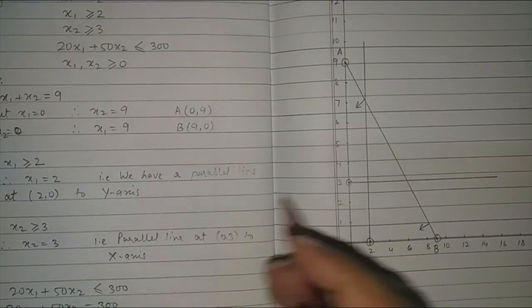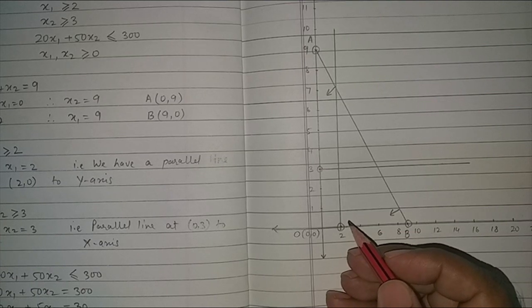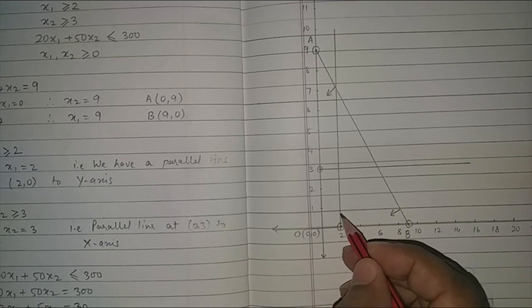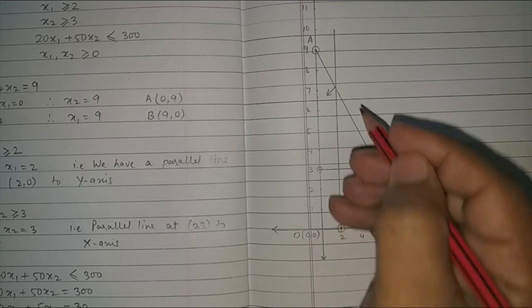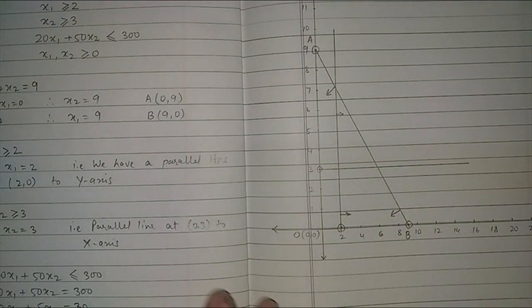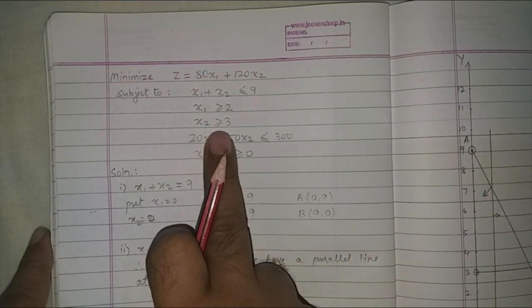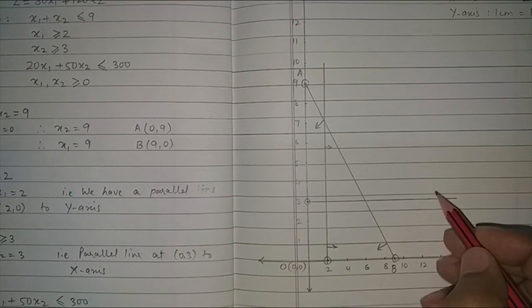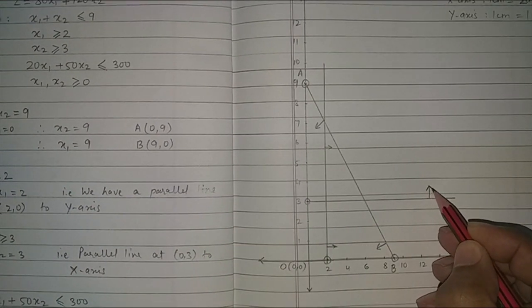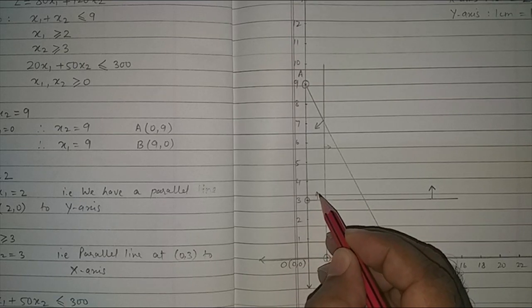Greater than means my feasible region will lie away from the origin. So the direction is this one. Even in this case, it is this side. For the next parallel line, x2 was greater than equal to 3. Again, it will be away from the origin, so like this above. I can put this sign here as well.